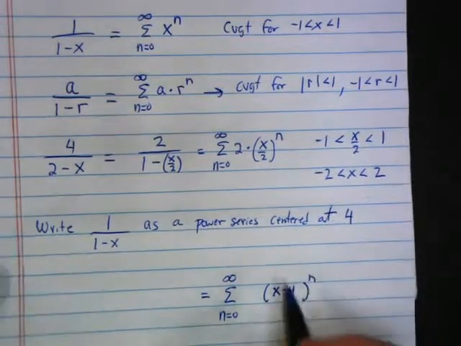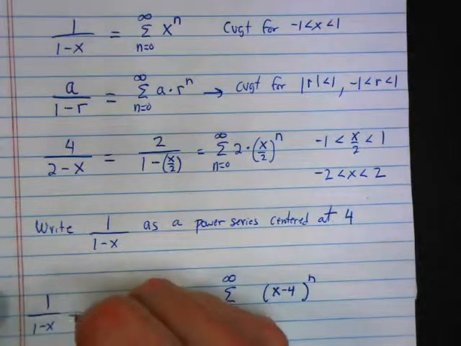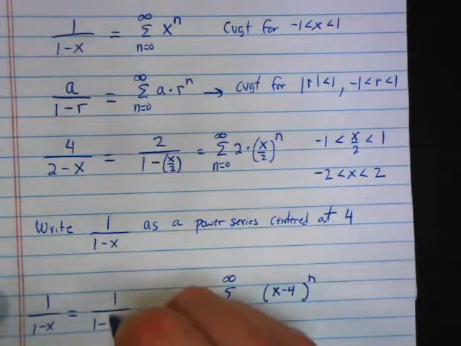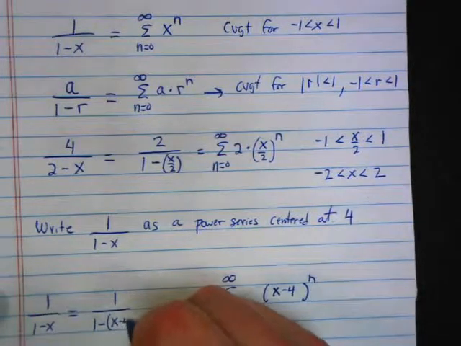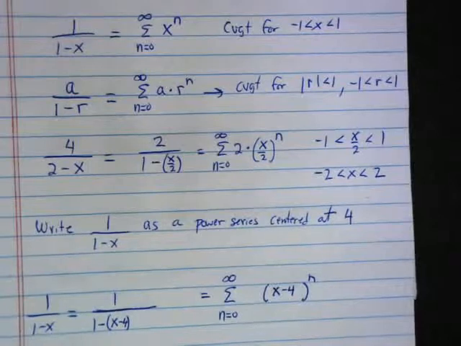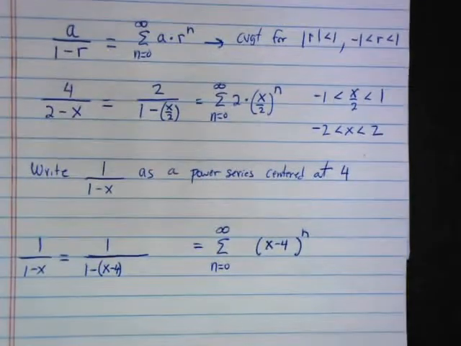Okay, so what you have to do to center it at 4, you're going to take 1 over 1 minus x, and you're going to write it as 1 over 1 minus x minus 4. But those aren't equal. I can't just slap a negative 4 in there and have those equal. What do I have to do to fix it? Add a 4?